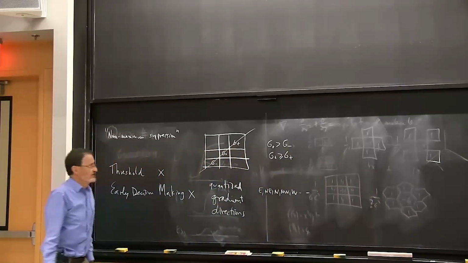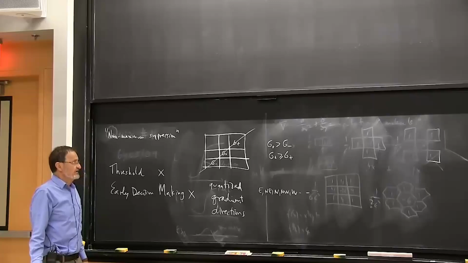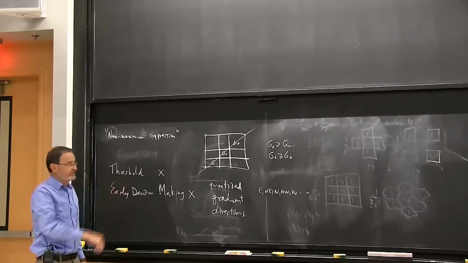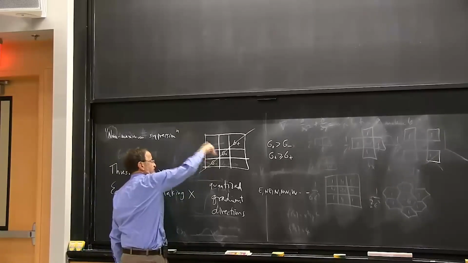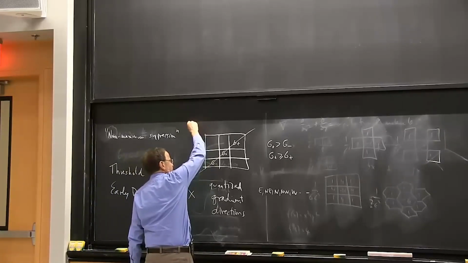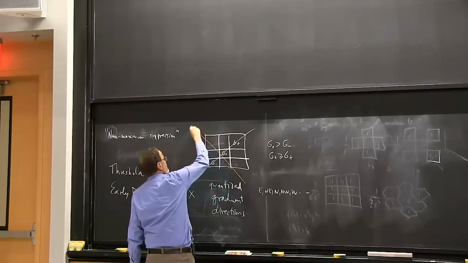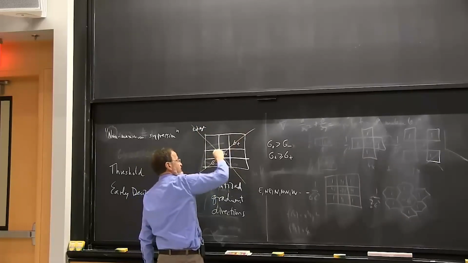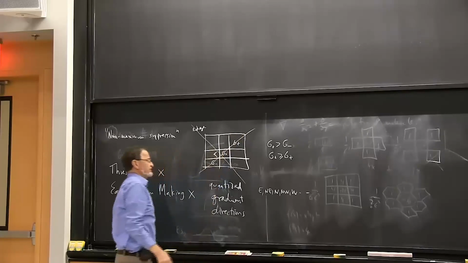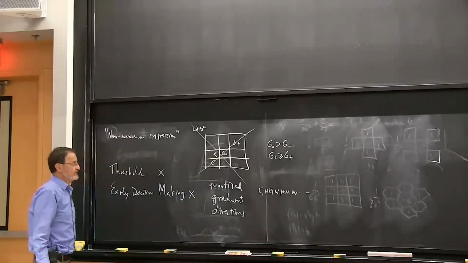Because if G minus was bigger than G0, well, then that's going to be the edge point. And remember that the edge is running at right angles to this. So the actual underlying edge is like this. And we're looking in the gradient direction, and the gradient direction is, of course, perpendicular to the edge.